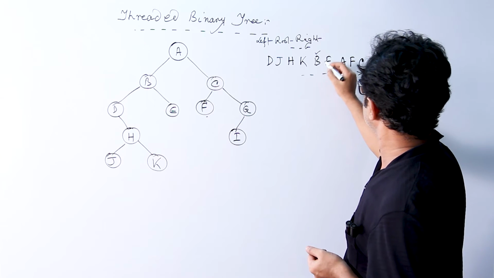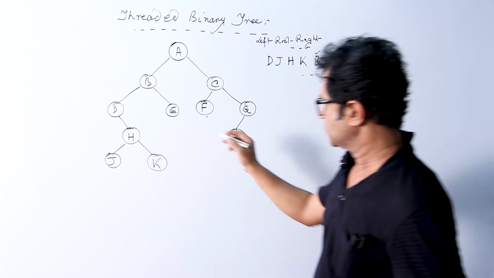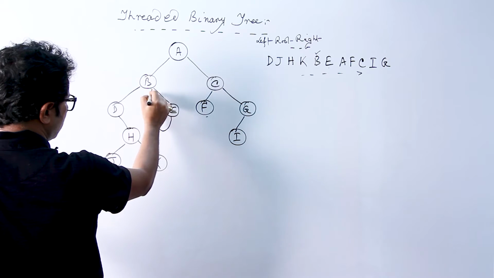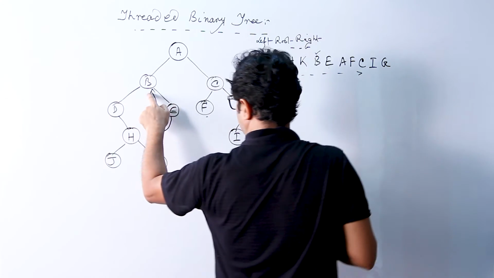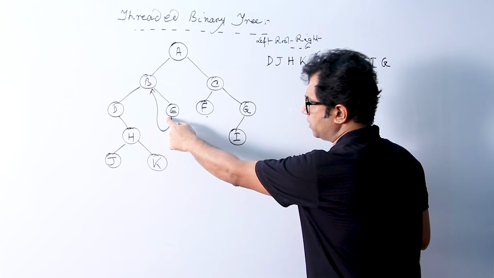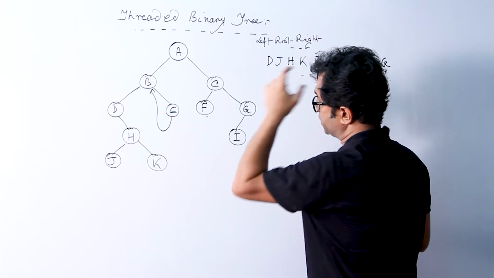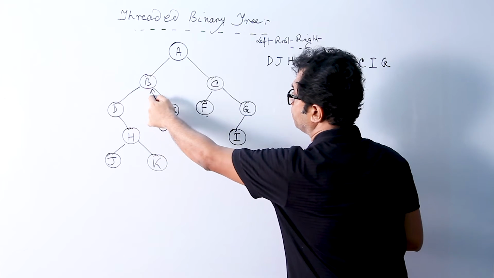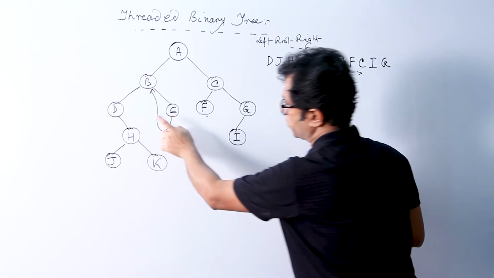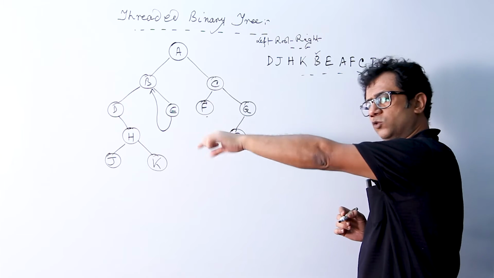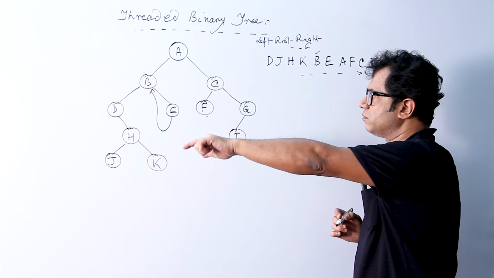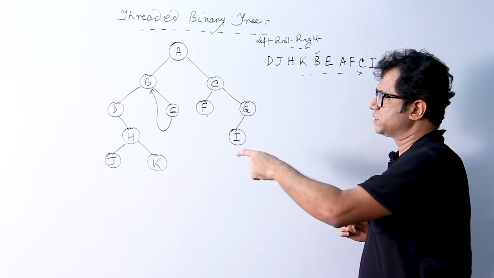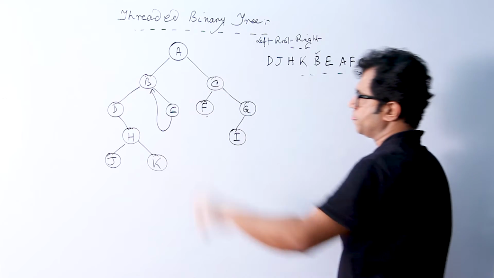The inorder predecessor of E is B. So, we will add a thread, and the left null pointer which was there at E is now pointed to B to hold the address of B. In this way the left null pointer of E has been utilized to hold a valid address of another node, which is the inorder predecessor of E.